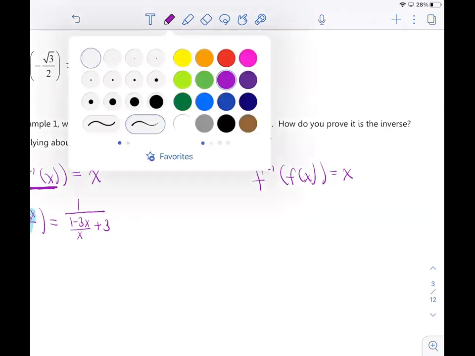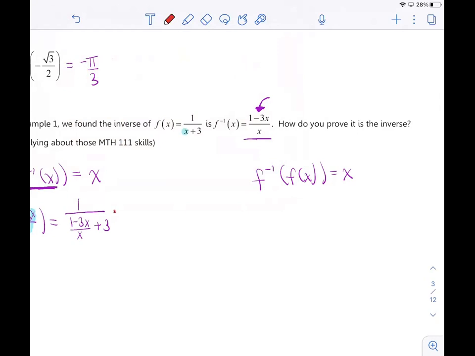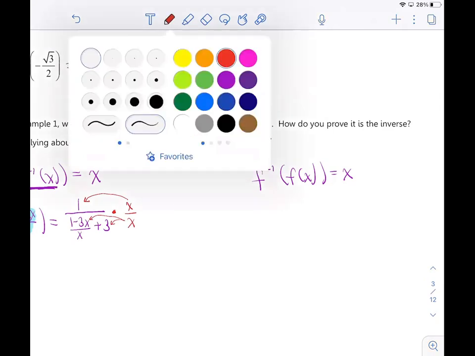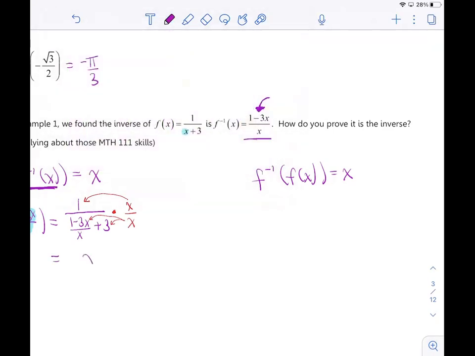So one way you can do it, there's a couple ways, but I'm going to teach it this way. I'm going to multiply top and bottom by X because I'm just multiplying by 1, so I'm not changing the problem at all. I distribute the X to all my terms in the numerator and in the denominator. So what you end up getting is you get x in that numerator. When you distribute this x to this term, this x and that will reduce out.